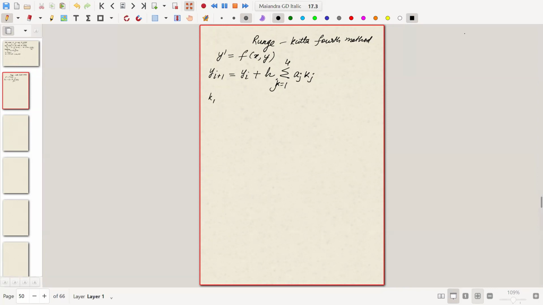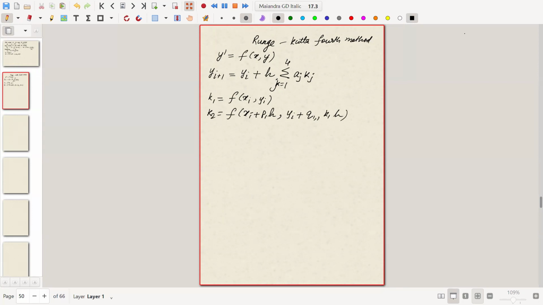So this is the definition. K1 is defined as f of (x_i, y_i). K2 is defined as f of (x_i plus p1 h, y_i plus q11 k1 h). We will see what these q11 and all those constants are.